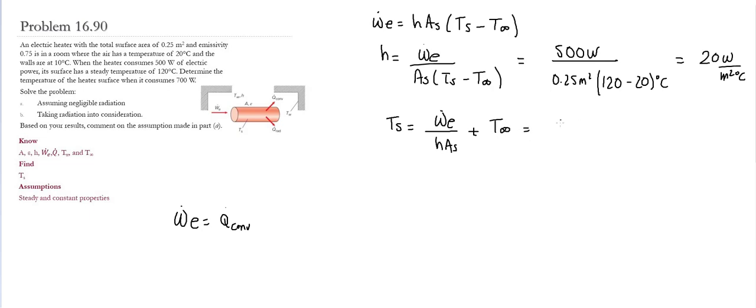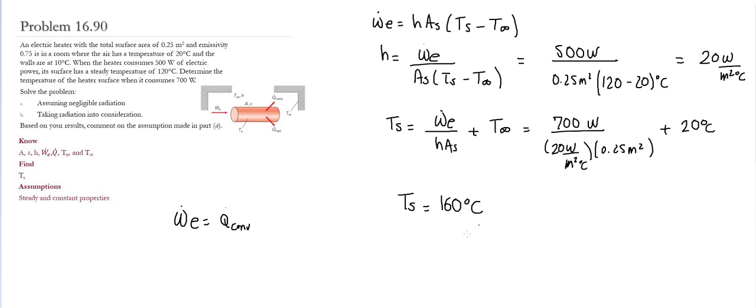For this case, we're going to use the value of 700 watts, the calculated value of h, the surface area, and the air temperature, which was given to be 20 Celsius. When we calculate this, we find that the surface temperature is equal to 160 Celsius. Once again, this part is by neglecting the amount of radiation.